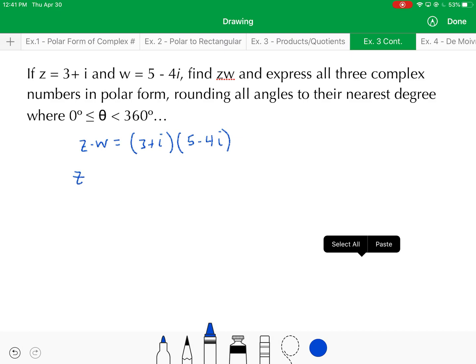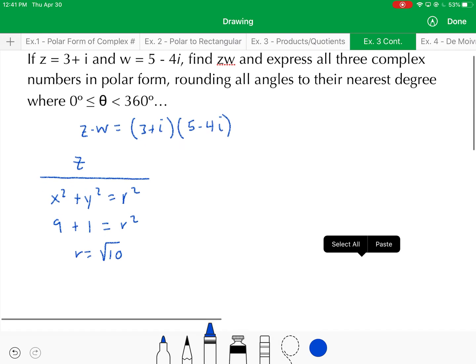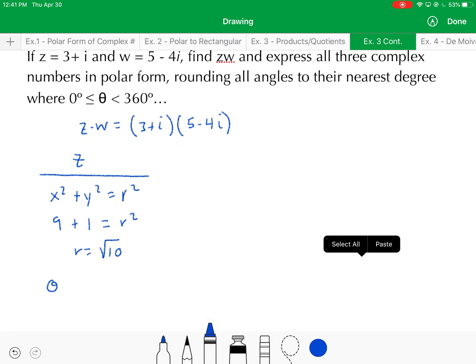Okay, so begin by converting both z and w into their polar form. So I'll start with z. Okay, I need its r value or its modulus. X squared plus y squared equals r squared. That's going to be basically 9 plus 1 equals r squared. R is going to be the square root of 10 here. Okay. And then theta is going to be the inverse tangent of 1, which is my y value, divided by 3, which is my x value.